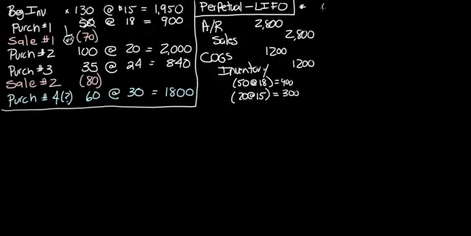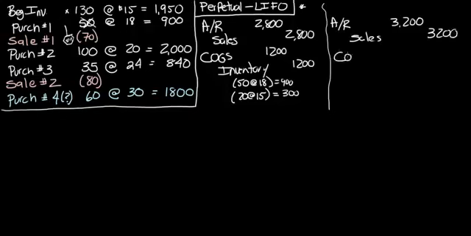Okay, so for sale number two, again, we're going to record accounts receivable of $3,200 and sales of $3,200. Now again, how much are my costs of goods sold and how much is inventory? Because it's a perpetual inventory, I'm going to do a stop and look back.